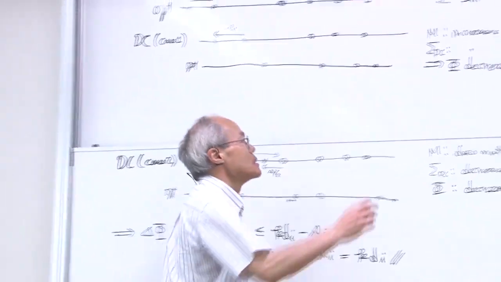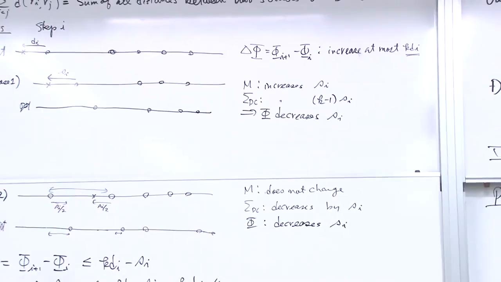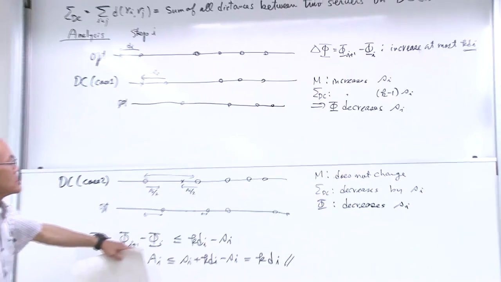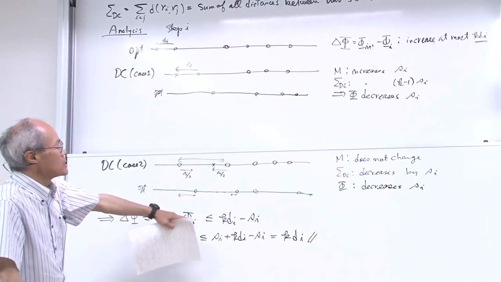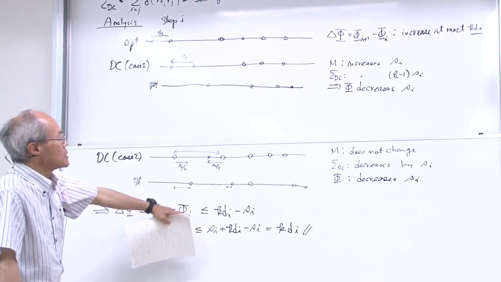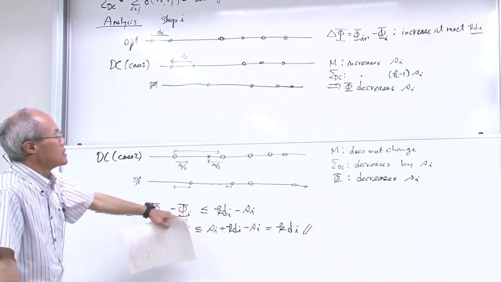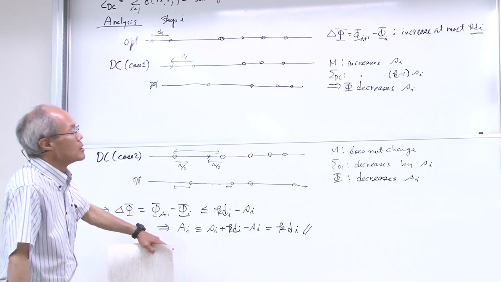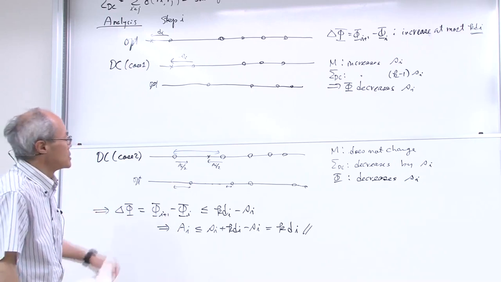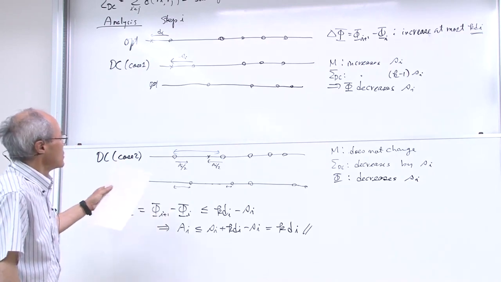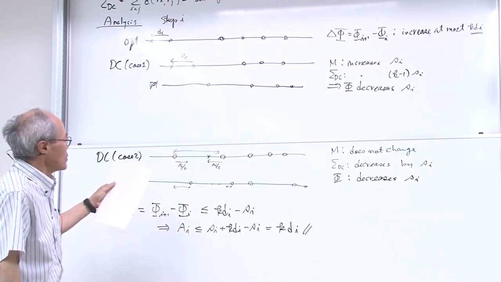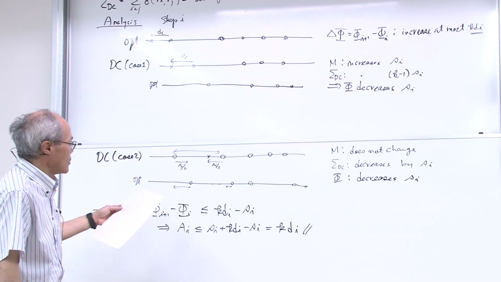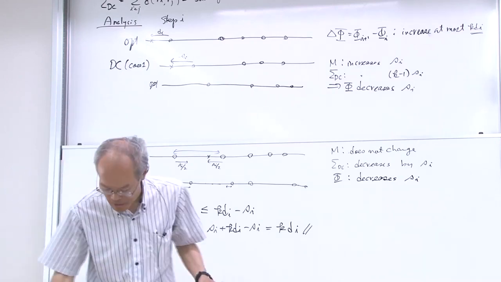So, in both cases, phi decreases by s_i. That means this value is equal to what? Oops, something different, interesting.